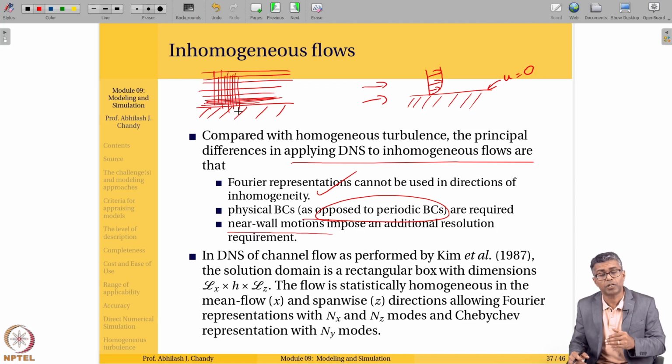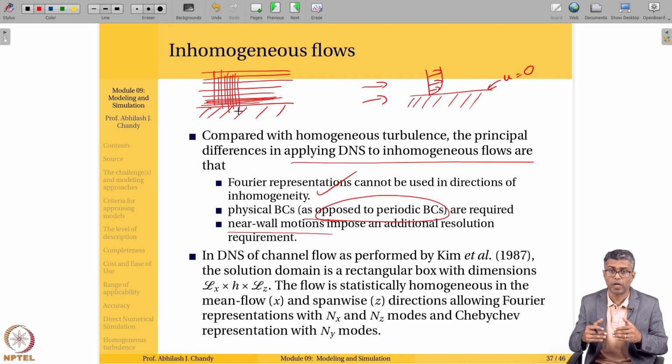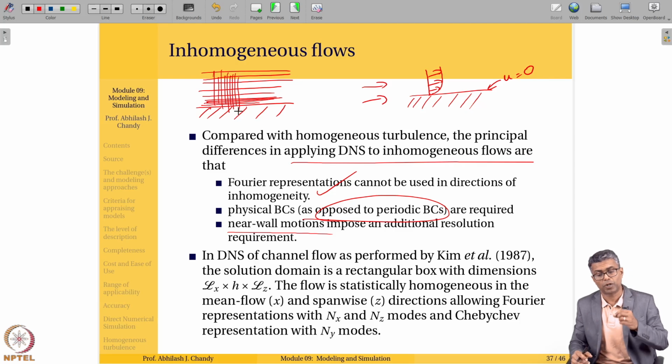So that additional resolution requirement can create a lot of issues, right? You will need to have a grid that is very fine near the wall. So suddenly, when you're talking about more grid points, you're not just talking about more grid points in different parts of the domain. You're talking about additional grid points in order to resolve the velocity gradient near the wall.